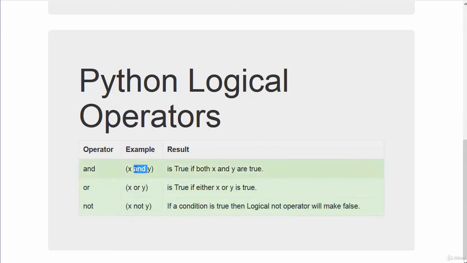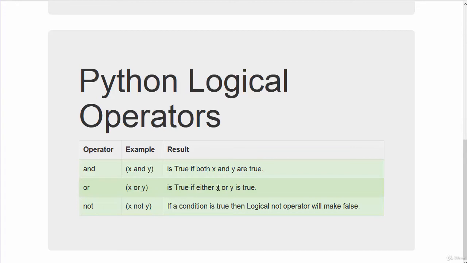So this AND operator you can use to evaluate two conditions, and it will return true only if both conditions are true. Okay, so let's say you have two conditions, x condition and y condition. Then if you use this AND operator, in order to get true out of these two conditions, both conditions have to be true. In the case of OR, it will return true if one of these conditions is true.